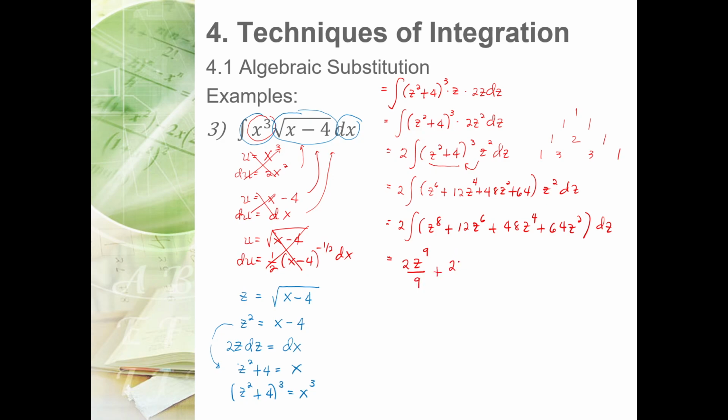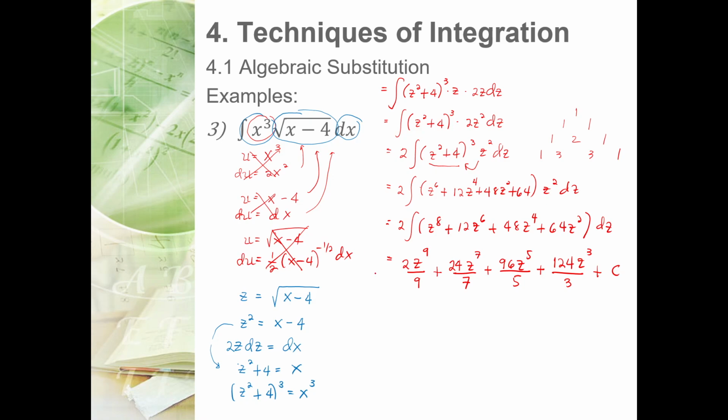Plus 12 z to the 7 over 7 plus 48 z to the fifth over 5. Then this is 64 z cubed all over 3 plus c.